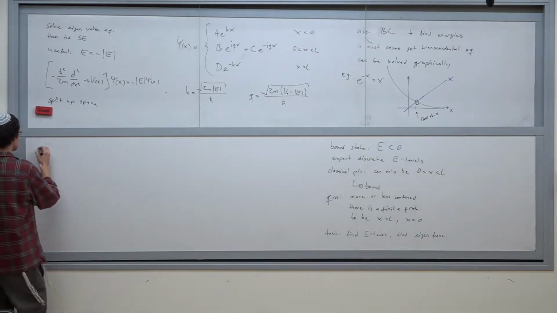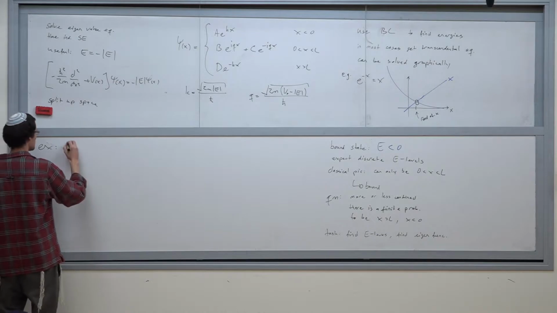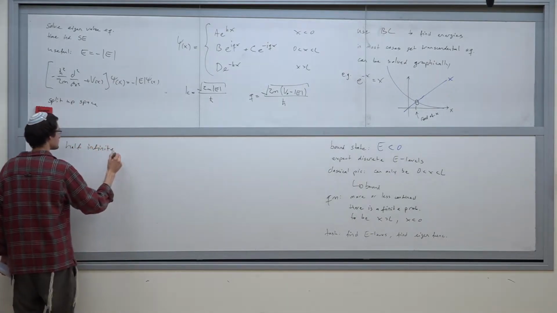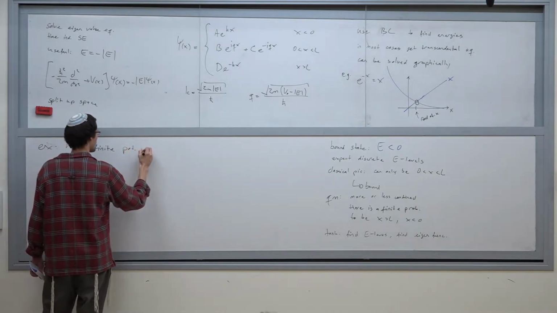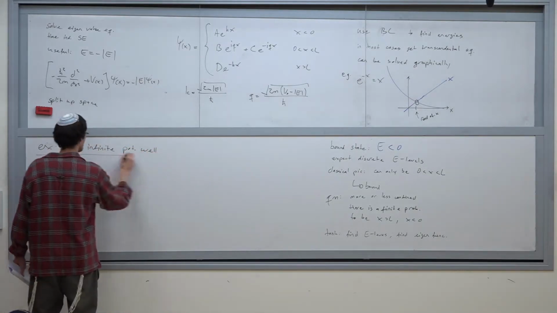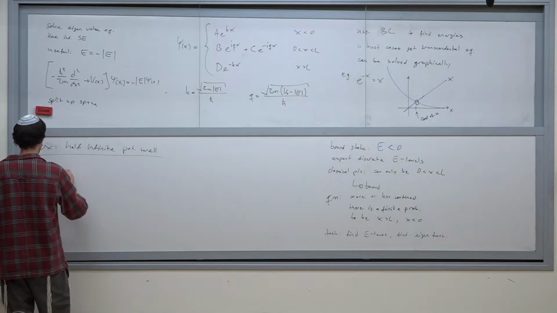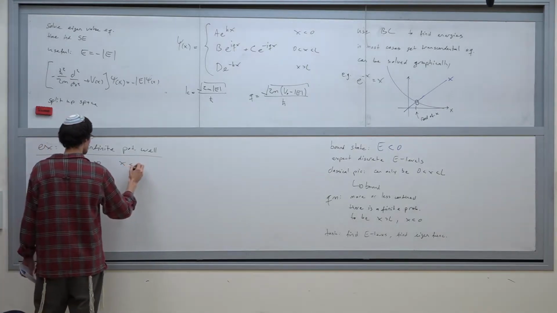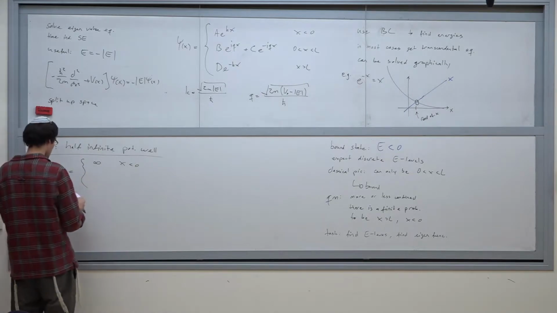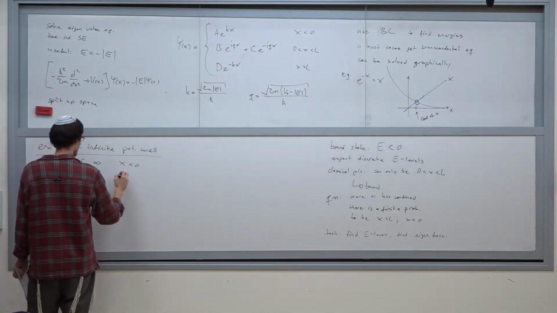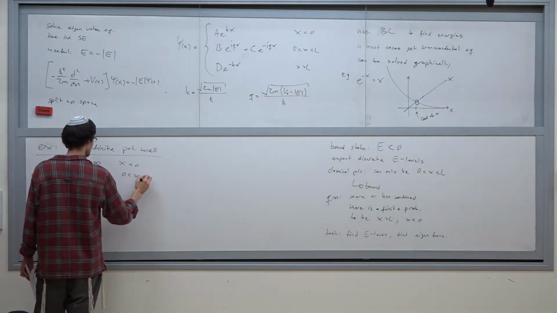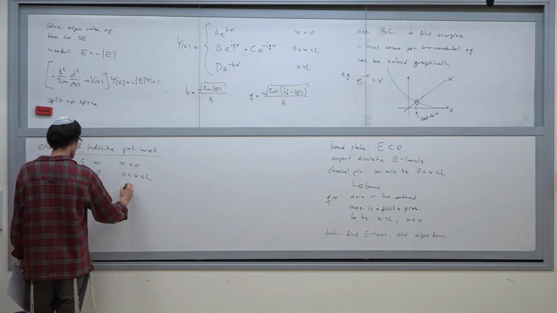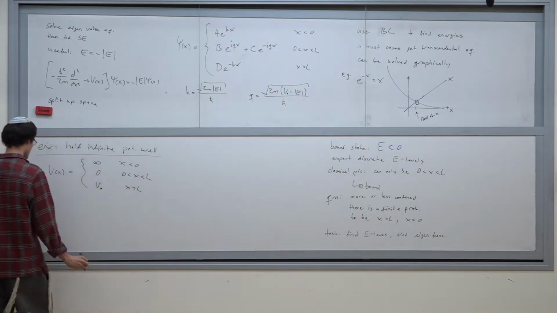Good, let's do so. Exercise: half infinite potential well. So we're looking at a potential V of x that is infinite at x smaller than 0, that is equal to 0 within some region of length L, and that is then equal to V0 outside that region.